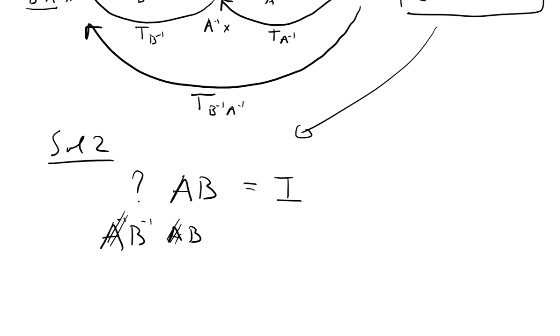The reason you can't do that is that the only thing that would allow you to do this is the identity A inverse A equals I, but I don't have A inverse next to A. I don't have that at all. So I cannot use this right now.